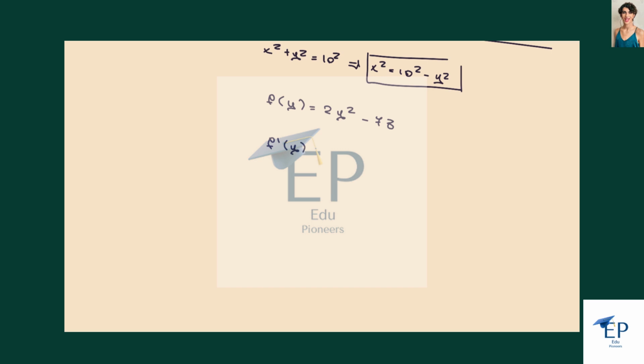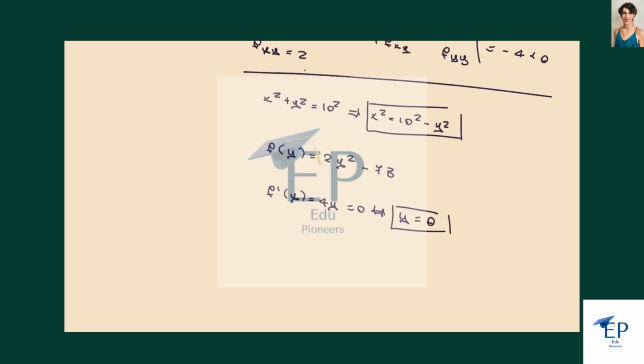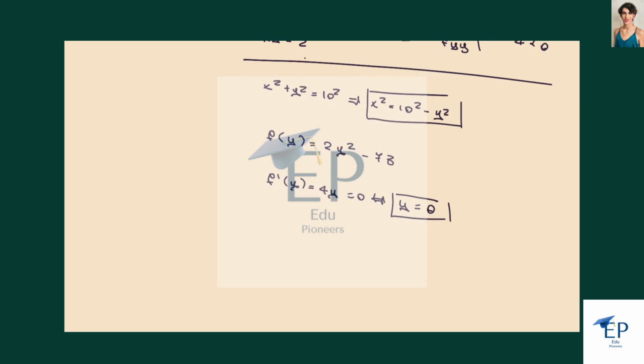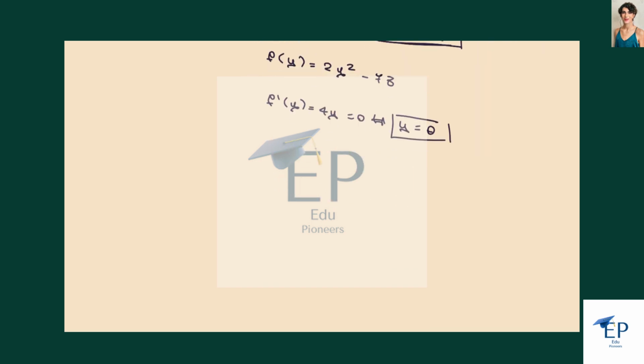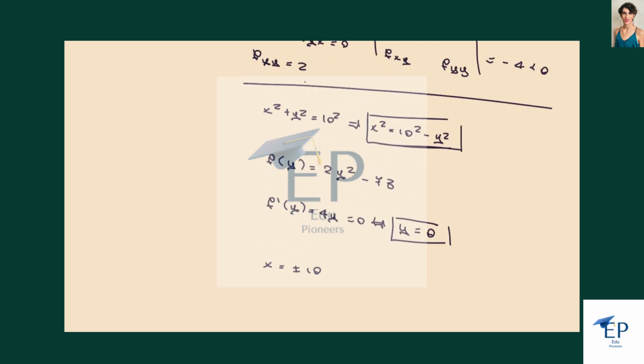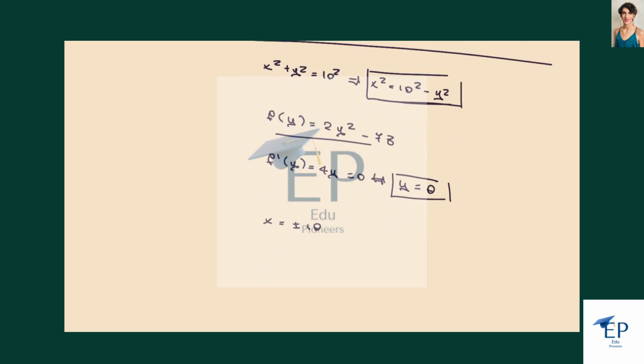Well, the derivative is for y only. Perfect. And this is equal to 0 if and only if y is equal to 0. Perfect. Okay. Now, if y is equal to 0, what do we get? We get x equal to positive or negative 10. So we have two critical points of this function.